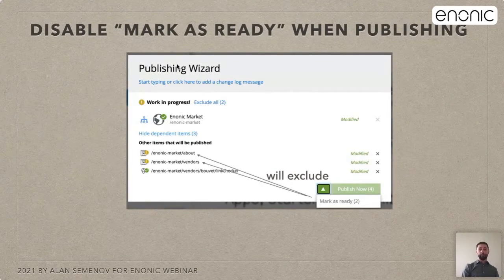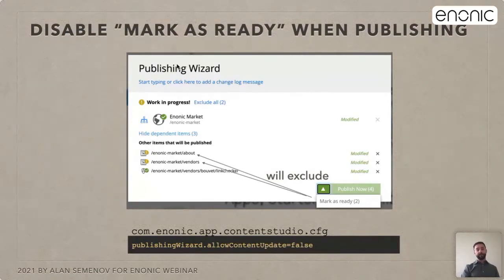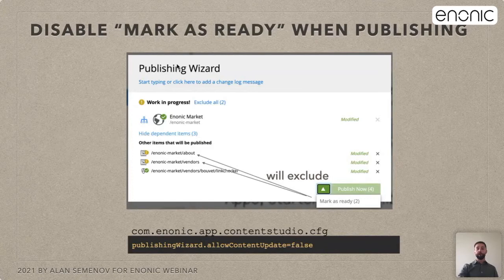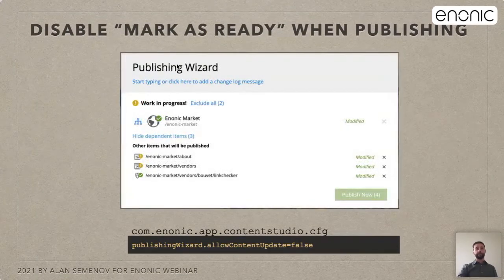For those of you who don't know that, Content Studio app has its own config file called Enonic app content studio.cfg. So if you add a line publishing wizard.allow content update equals false to this config file, it will remove the drop down of the publish button, and you will no longer be able to mark items as ready. So it will look like this in this case.